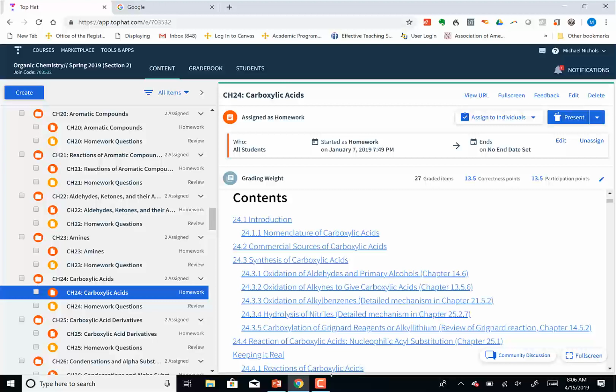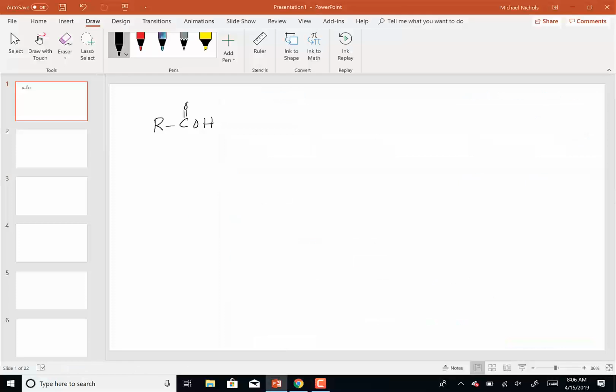Oxidation of alkynes to give carboxylic acids. In other words, if I have an alkyne and I would like to cleave it, and it doesn't matter whether it's a terminal alkyne or an internal alkyne, if I cleave an alkyne, I'm going to get carboxylic acids. What kind of reagent would I use there? Bless you. It's an oxidizing reagent. It's got to be a strong oxidizing reagent.